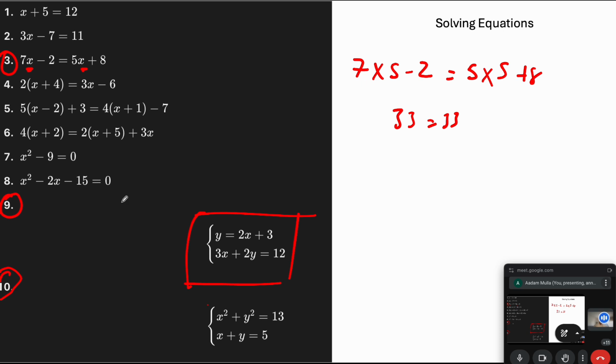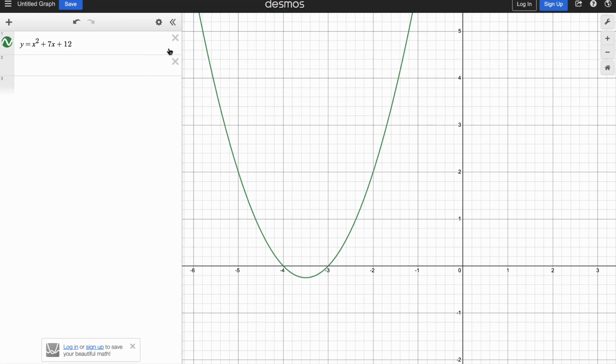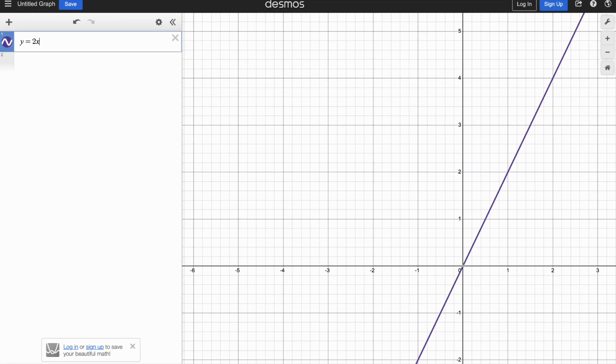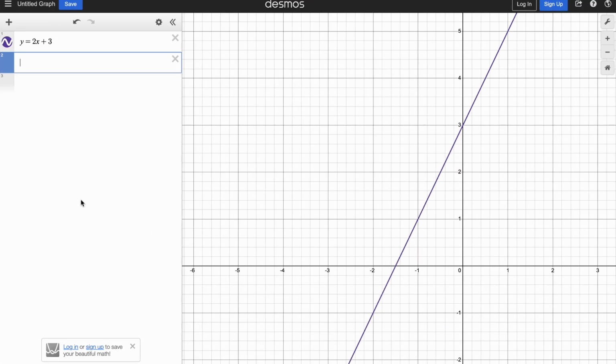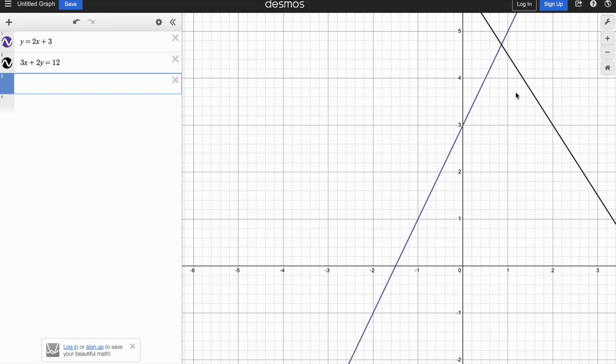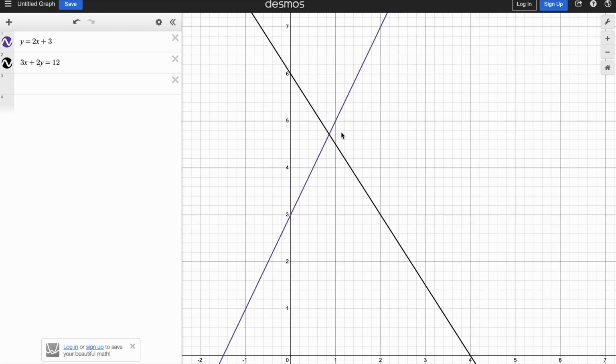You can try and type it in yourself. So the first one, type it in with me: y equals 2x plus 3. And the second one is 3x plus 2y equals 12. Just press enter after you've done each one, and the solution is where they both cross. So I'll let you tell me what the answer is. What is the x value and what's the y value?